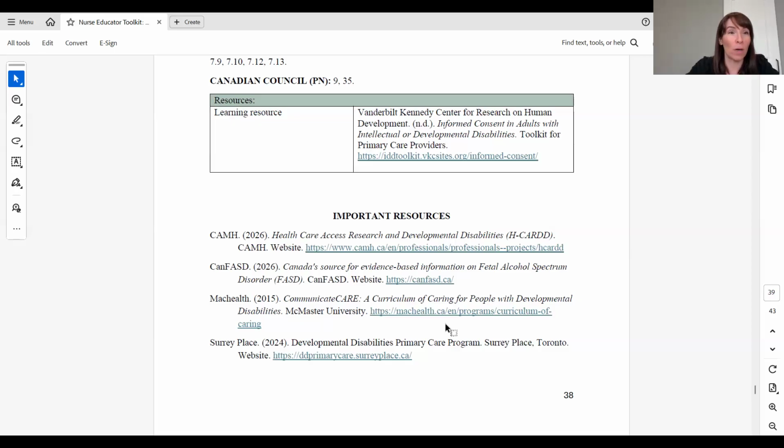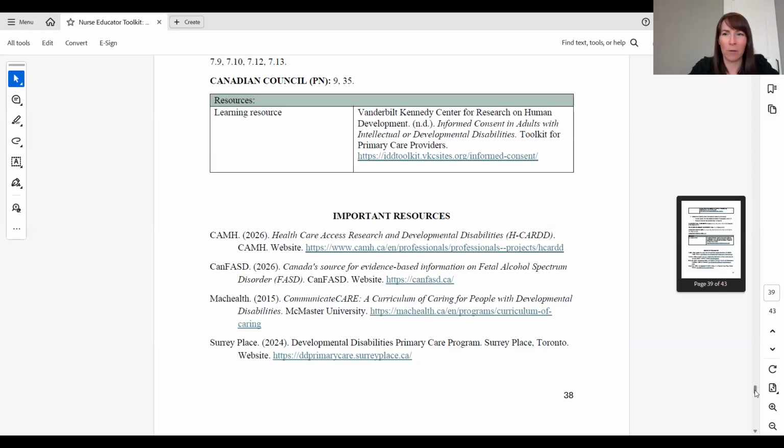We also have, and they're listed under the palliative and end-of-life care, a new IDD palliative network within Ontario that is led by, and does have, nurses as the co-chair. So I have presented a link to their website, which is being developed, but there's exciting times in IDD health.